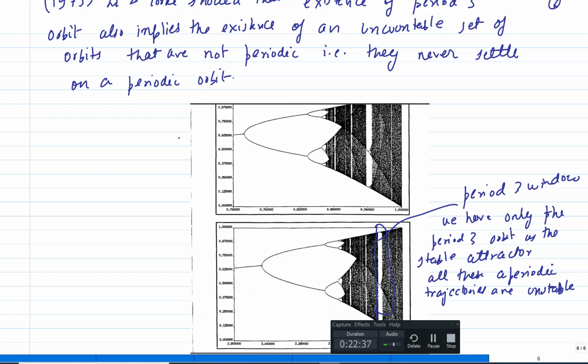Starting very close to such a trajectory, one would settle on a period 3 attractor.